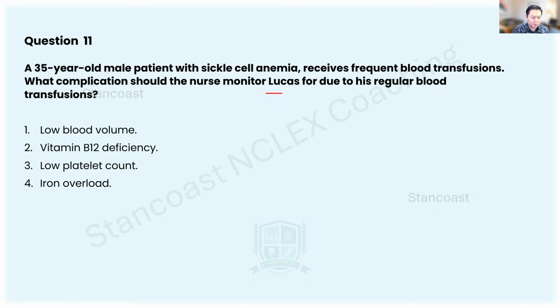Nani Hampo answered 4, iron overload. So let's take a look into the scenario. 35-year-old male with sickle cell anemia receives frequent. Just the word frequent is your clue. If the patient is getting a lot of blood transfusions, again, iron content in the blood transfusion can lead to iron overload. So this is our correct answer.